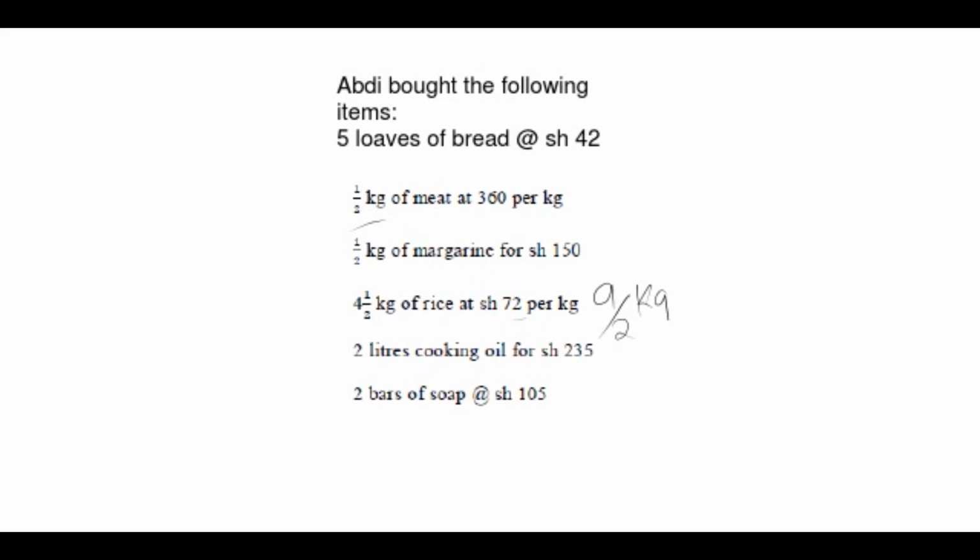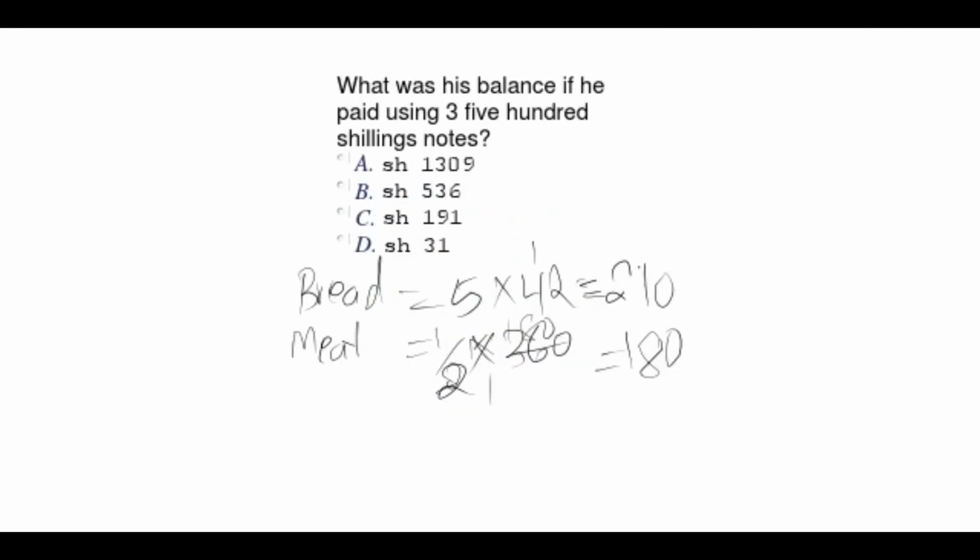So we have 9 over 2 multiplied by 72 for rice. 72 divided by 2 is 36. 36 times 9: 9 times 6 is 54, carry 5, 9 times 3 is 27 plus 5 is 32.